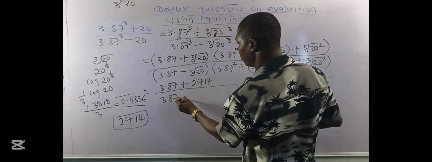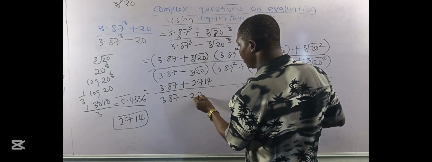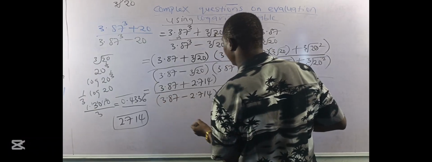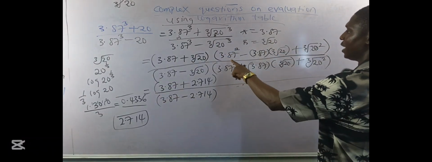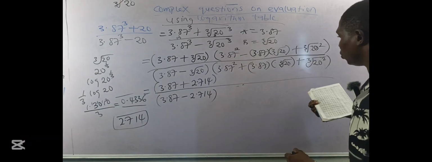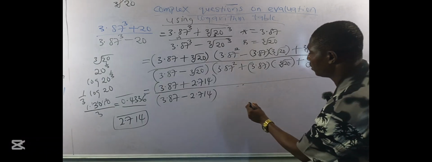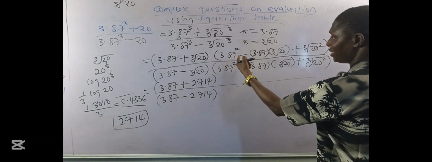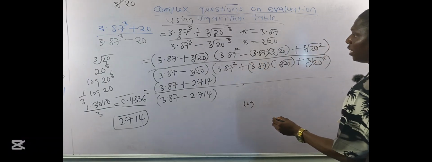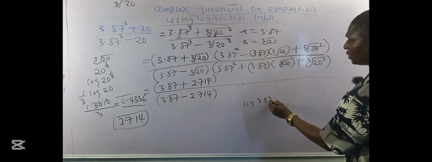So I can do the same at the bottom if I choose to: 3.87 minus 2.714, this bracket, this bracket. Now, I also have 3.87 squared. I'll use log to save my time. You can square it, you can say 3.87 times 3.87 if you choose to, but I'll just use log. I have log of 3.87 squared.